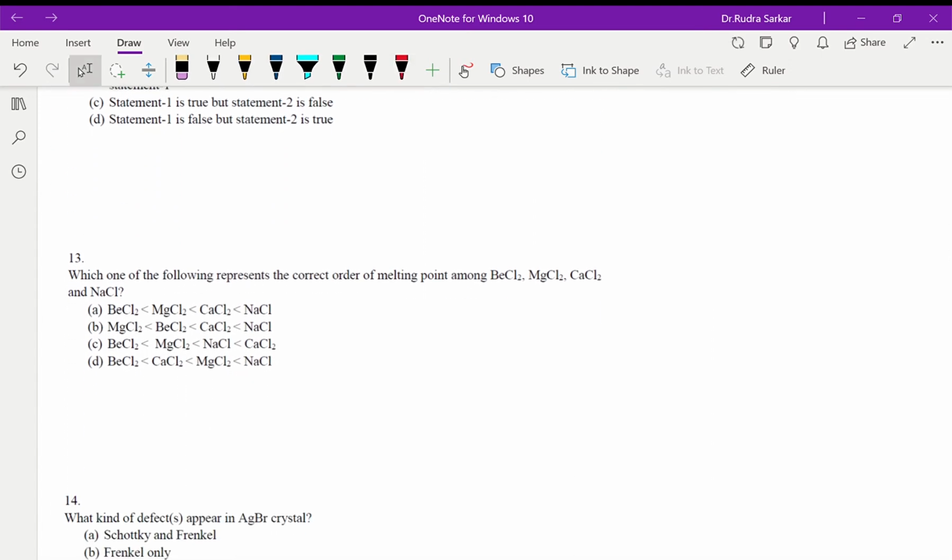In the next, it is being said which of the following represents the correct order of melting point for the following.